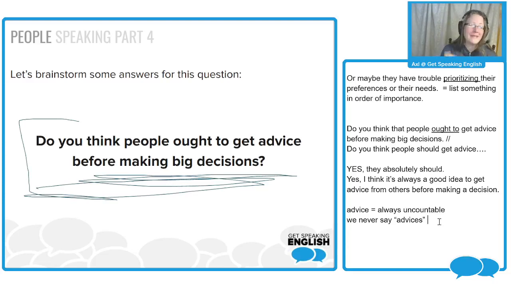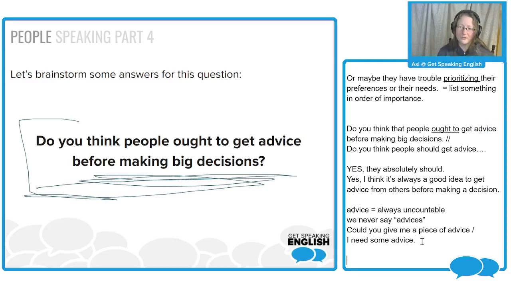We could say a piece of advice. So for example, could you give me a piece of advice? That would be okay. But we tend to say some advice, or just advice as uncountable. So I need some advice, or here we can see that it's just get advice. Yeah, so always uncountable. All right.